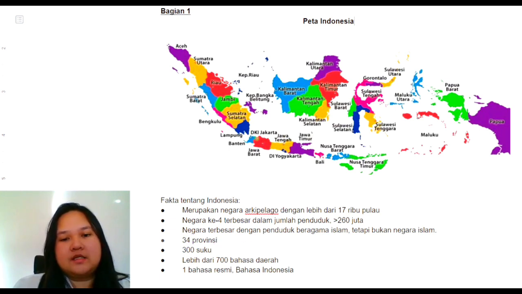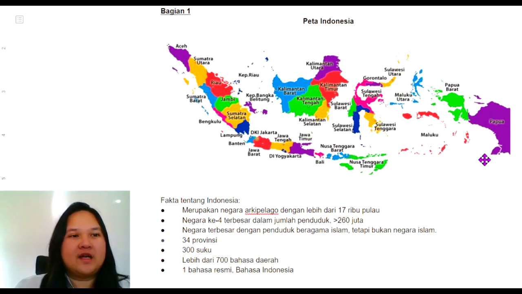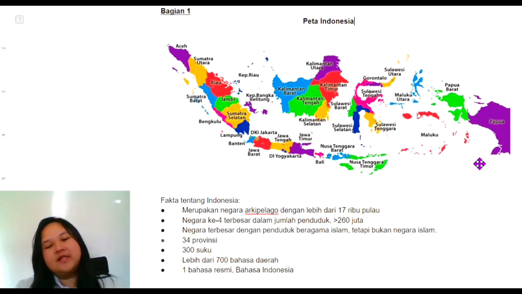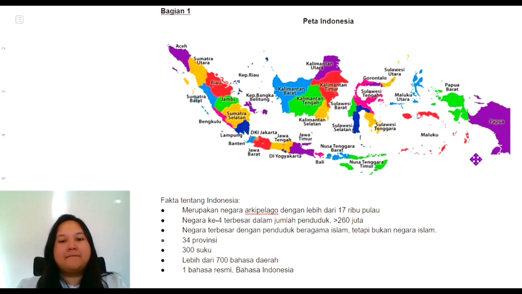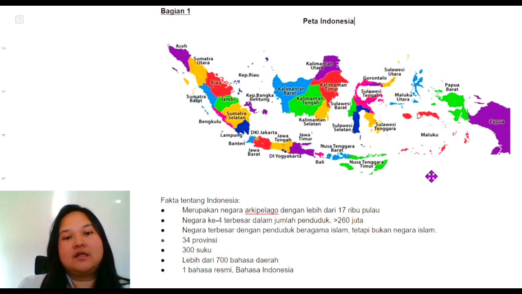Also, this is the largest country with a majority of Islam or Muslim religion, but Indonesia is not an Islamic country. It just so happened that most of the population have Islam as their religion, which is about 85% of more than 260 million.